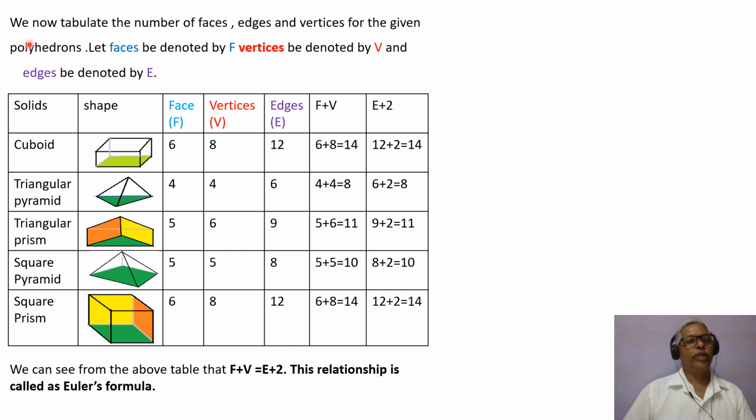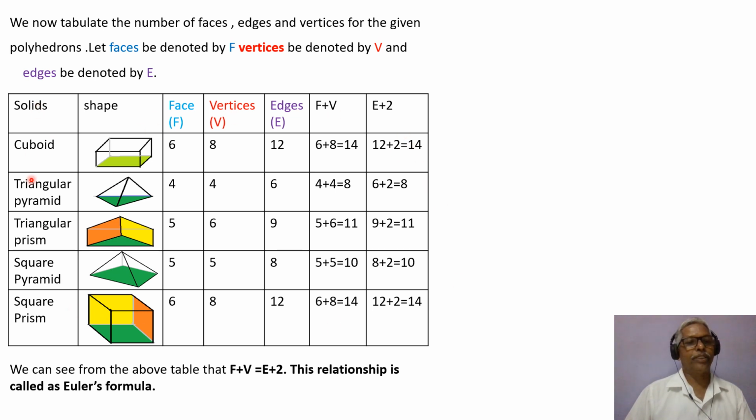So read this. We now tabulate the number of faces, edges and vertices for the given polyhedron. Let faces be denoted by F, vertices by V, and edges by E. And look at this table. We have prepared this table.